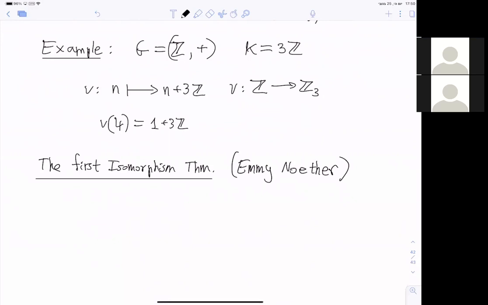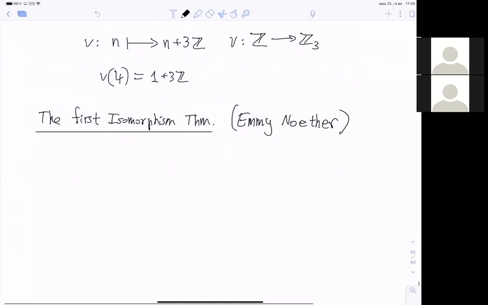She formulates not only the first, but the second and the third. And it's not only true for groups, but also for rings in general. So this is the very basic case. Okay. So what does she say?